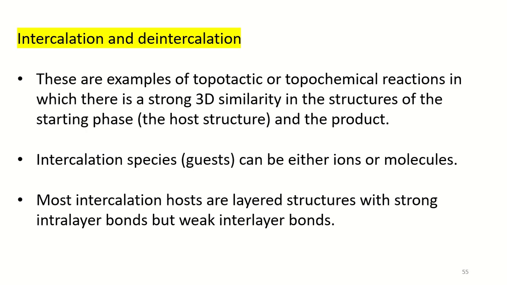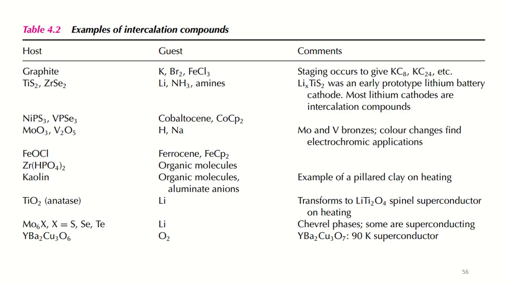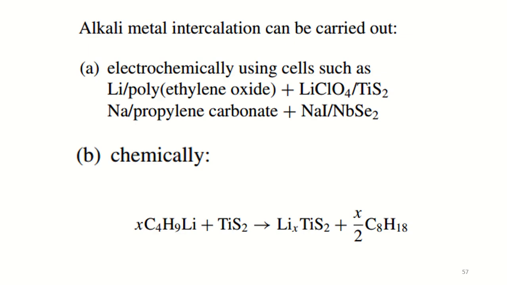Dear students, in the last lecture we have discussed intercalation and deintercalation, in which we studied if some small molecules, ions or atoms reside in the spaces or interstices present between the atoms of a molecule, then what would be the different benefits and applications of these intercalated and then deintercalated compounds, and what are the specific methods and easy routes for the synthesis of these kinds of desired materials.